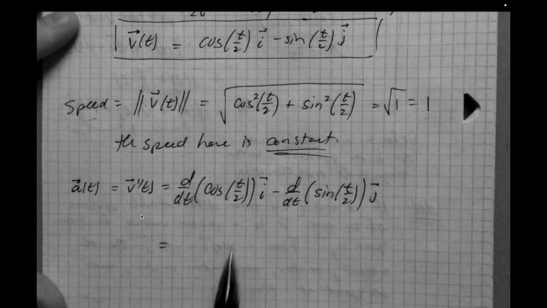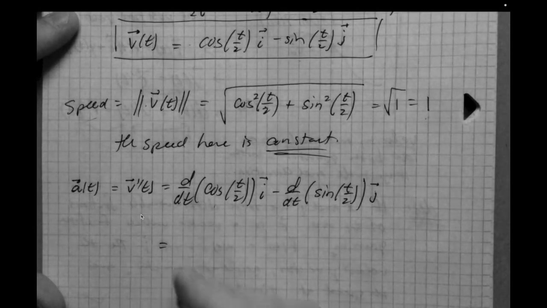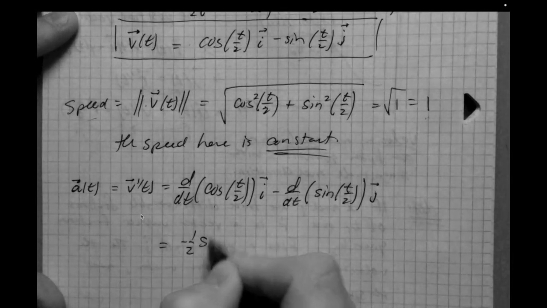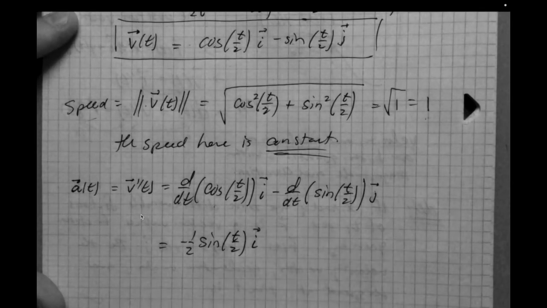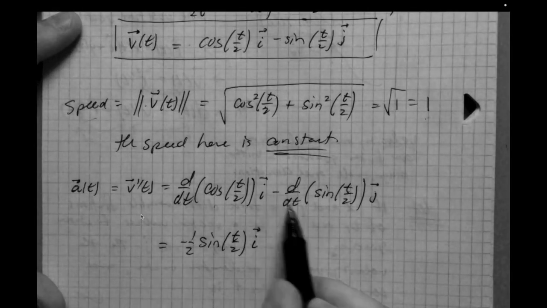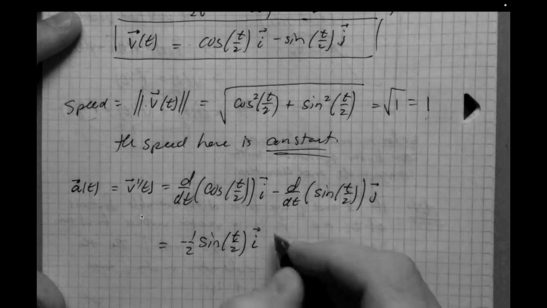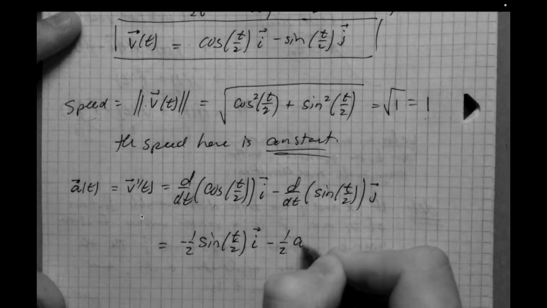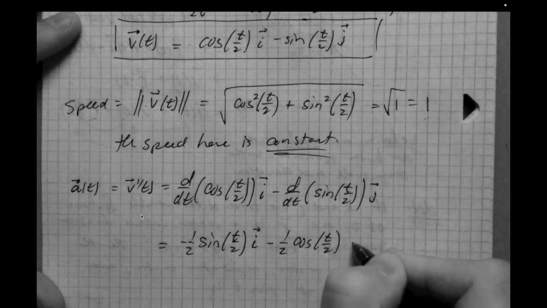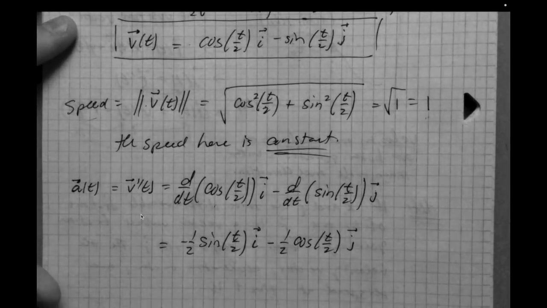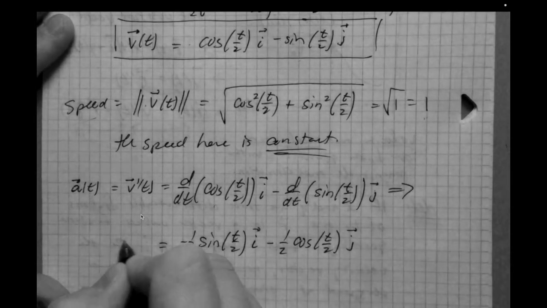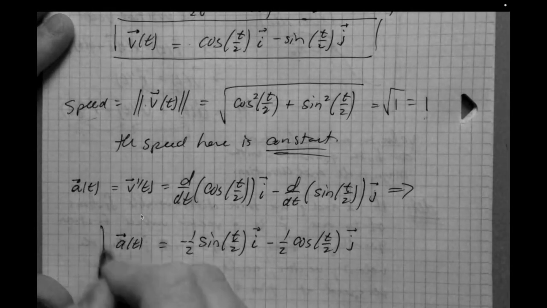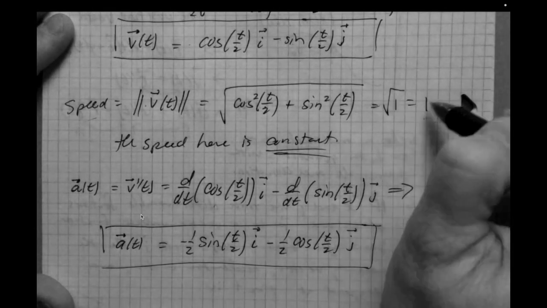All right, and so this again would be a negative 1/2 times the sine of t over 2 times i. And then over here it's minus, and then this would just be 1/2 cos, right? Yep. Okay, so that is what the acceleration looks like. Now we have the acceleration as well. All right, so we technically have all of the things that we need.